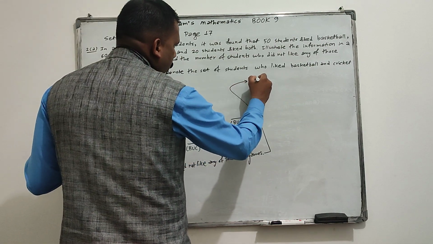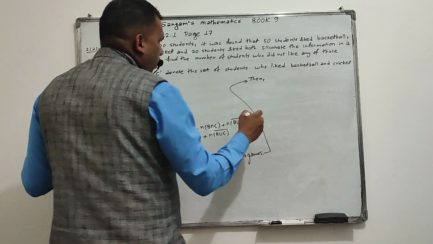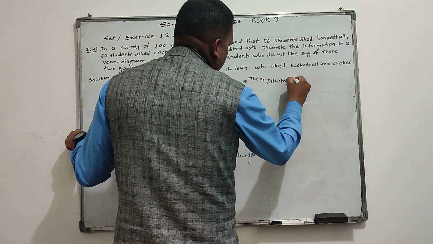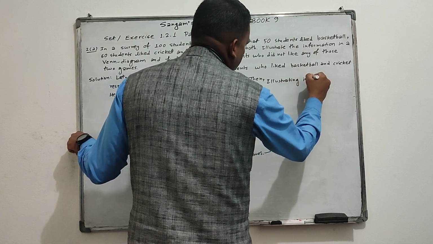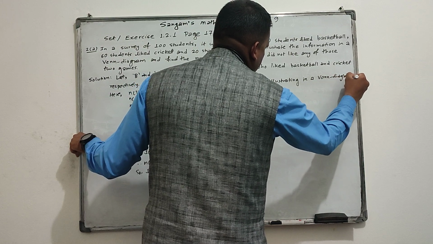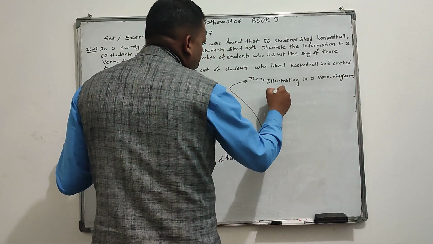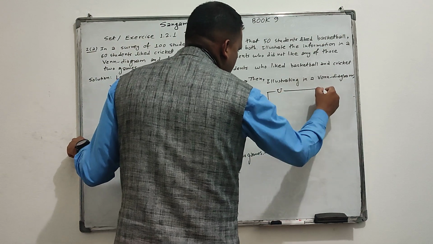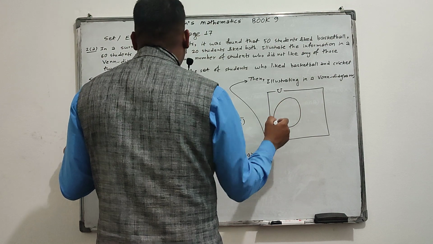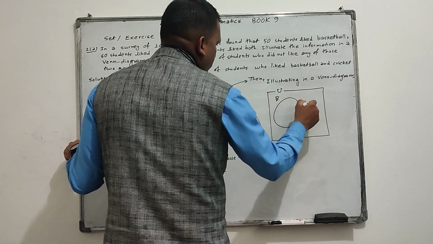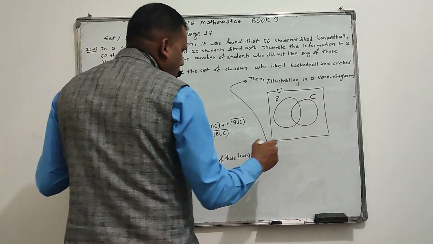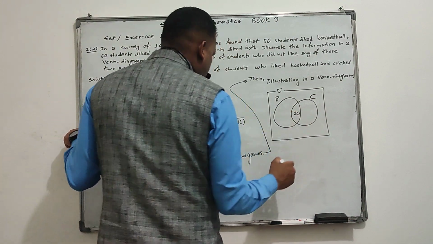Then, illustrating in a Venn diagram. We need the universal set U, and inside U two subsets, B for basketball and C for cricket. Those who like both, that is 20, so in the middle 20.